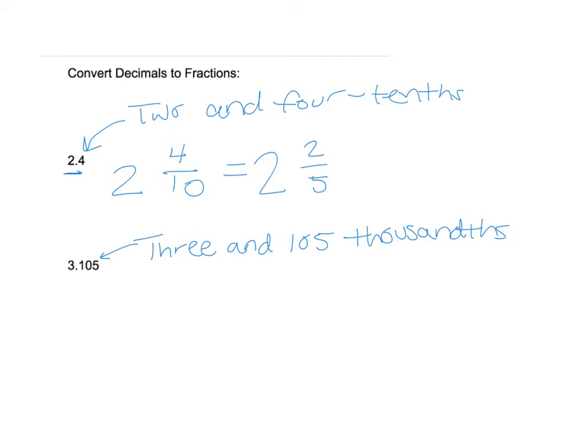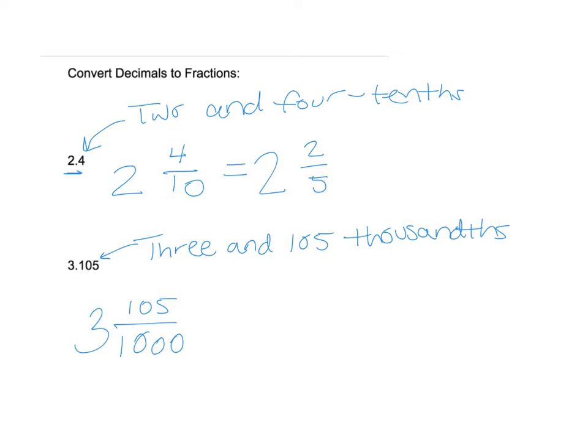In other words, whole number 3 and 105 over 1,000. So if I want to simplify this, I'm going to use my divisibility rules and realize that 105 and 1,000 are both numbers that end in a 5 or a 0. And therefore, both of these numbers have to be divisible by 5.